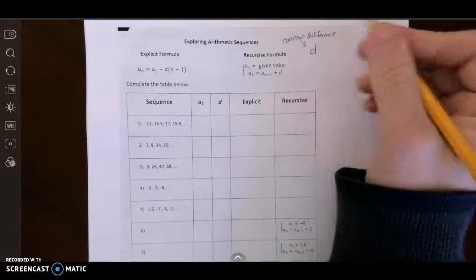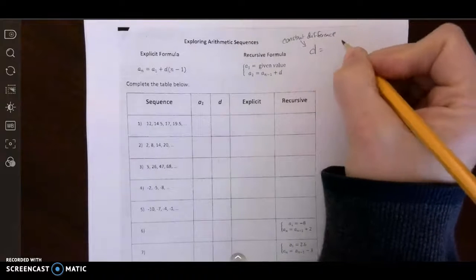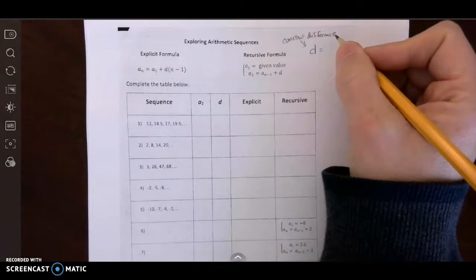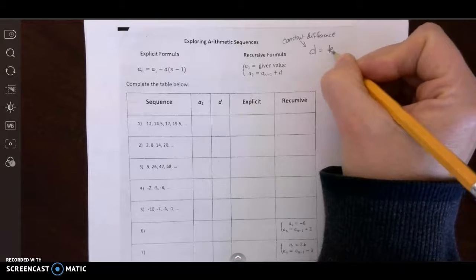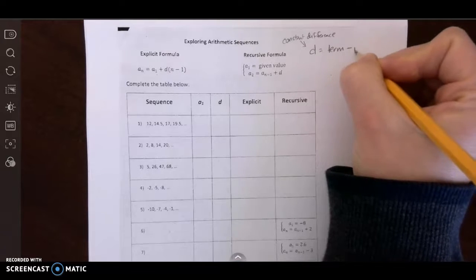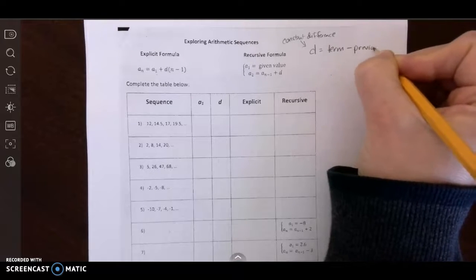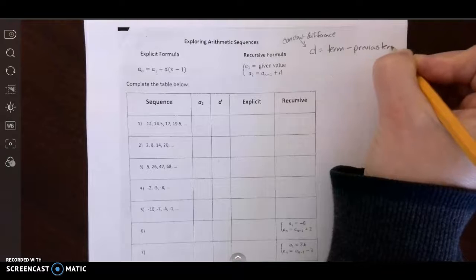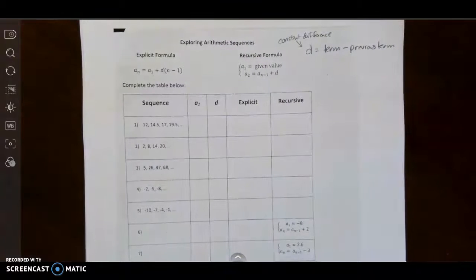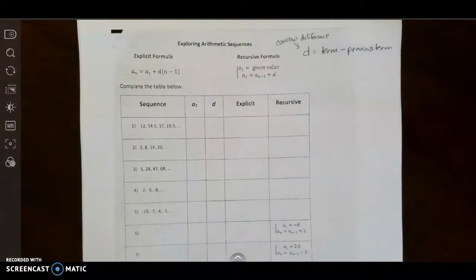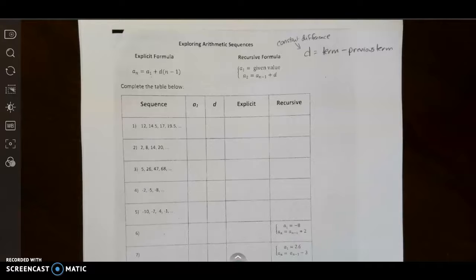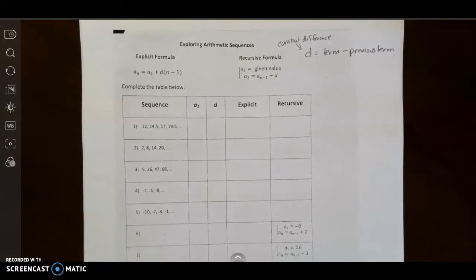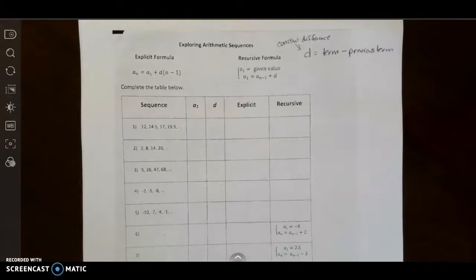If you can't figure out what that constant difference is, you take a term and you subtract a previous term. That's how you do that, and I'll show you that on a couple of these where it's not obvious right on the outset.